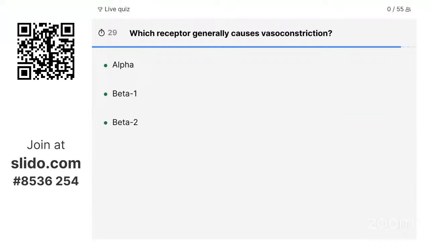So on the flip side, what are we going to want as a receptor if we're trying to constrict the smooth muscle?